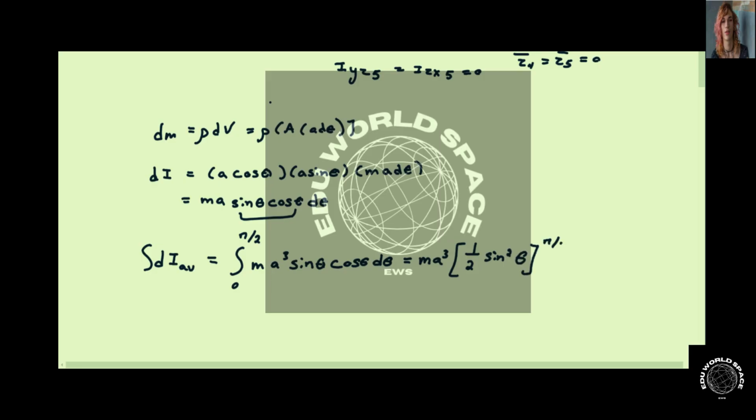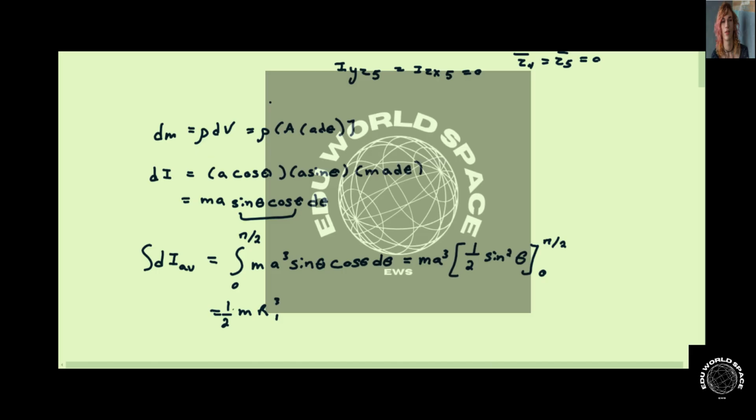And it's going to be pi over 2, 0. So here we get 1/2 m R3, 1.